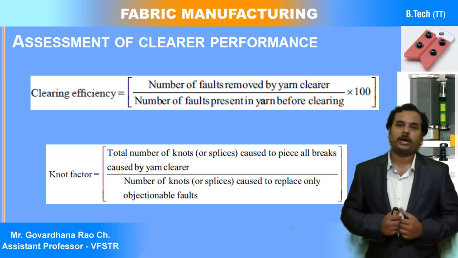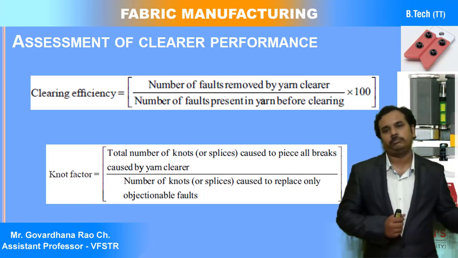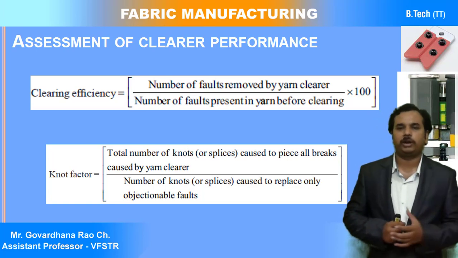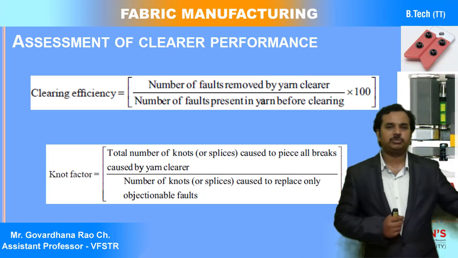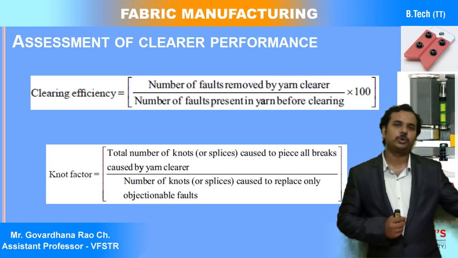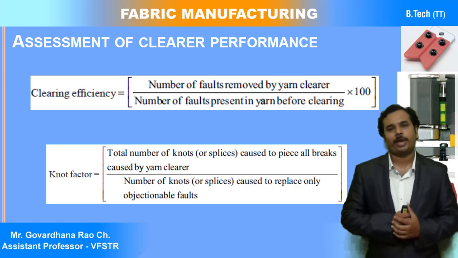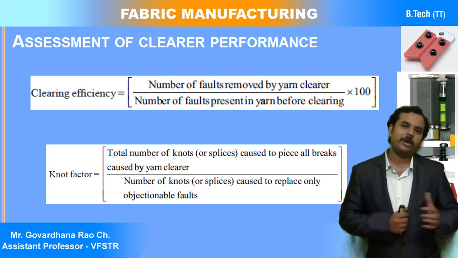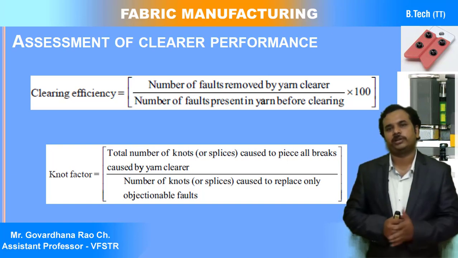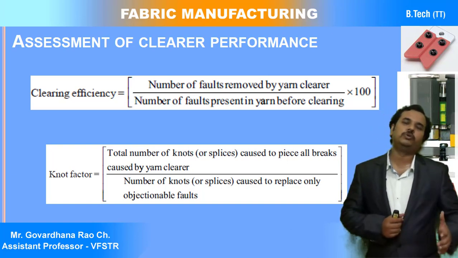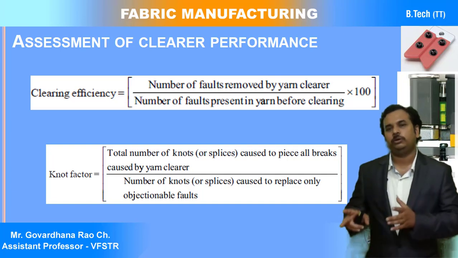Now what happens is, whatever ring cop you keep in the winding machine as raw material, the yarn Classimat is going to observe how many faults are present in the package, and the same package they will run in the winding machine with the help of the clearer. They try to remove whatever faults they want to remove.